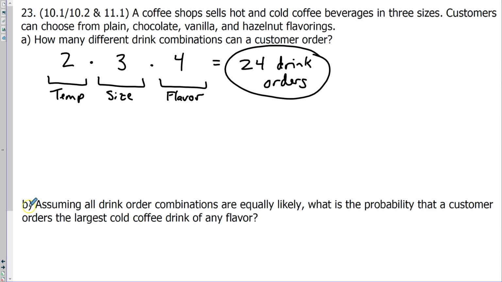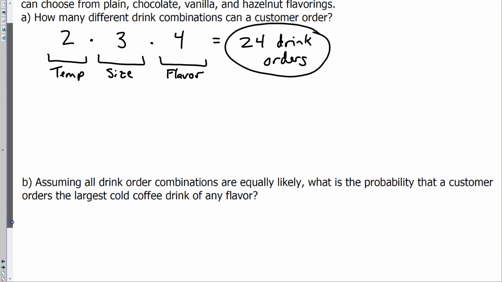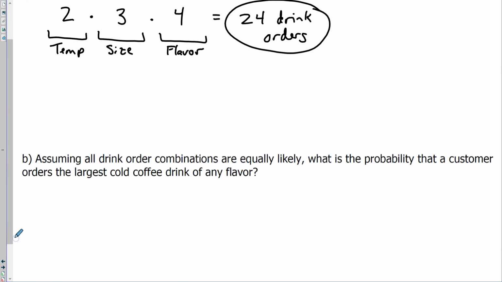Now part B is saying, assuming all of our drink orders are equally likely, what's the probability that a customer would come in and order the largest cold coffee drink? So I need to figure out how many coffee drinks would count as the largest cold one. Using the same fundamental counting principle, I'm going to look at the temperature. We specifically want it to be cold. We want to know the size.